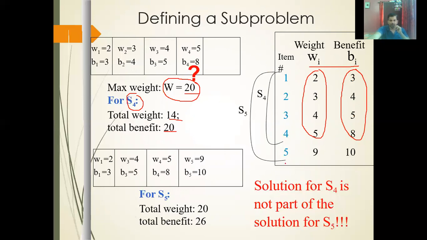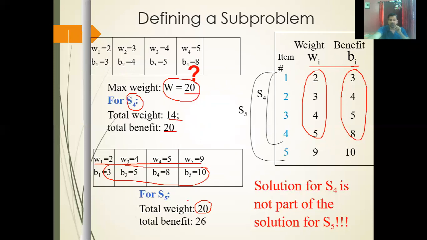I consider one more sub-problem, S5. In the case of S5, I consider the items 1, 3, 4, and 5, not the 2. Here the total weight is 20, and the profit is 26, which is better than the previous subset.